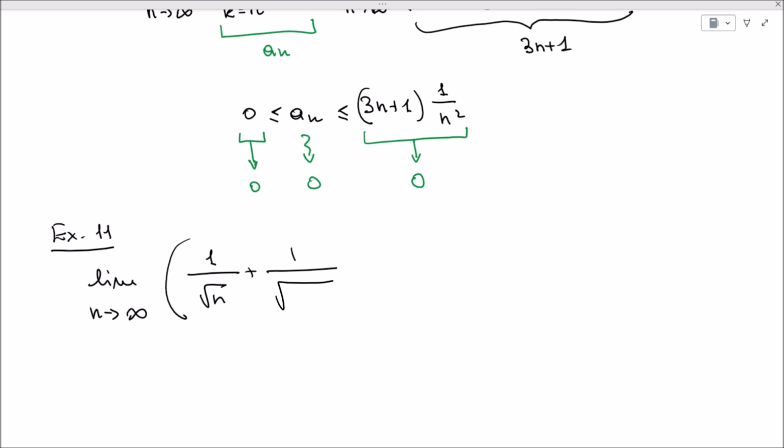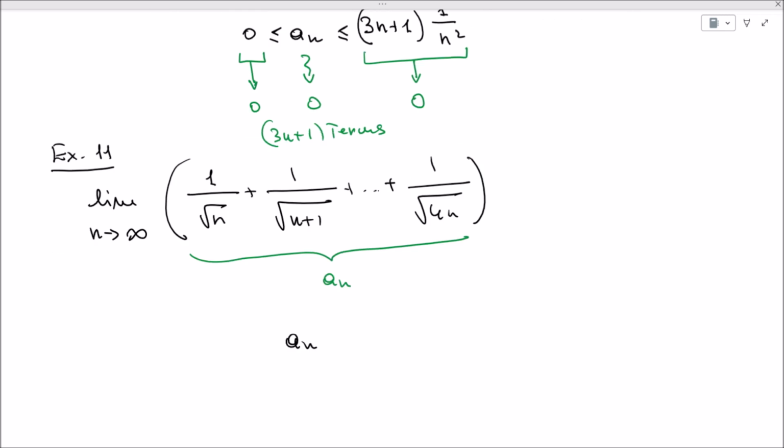Now, by using similar considerations, of course, this is a sum of terms with the number of terms that also grows to infinity. But we can now attempt to find another sequence which is basically pushing this to plus infinity, right?